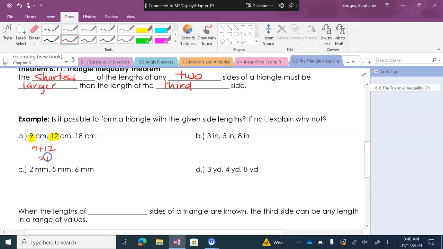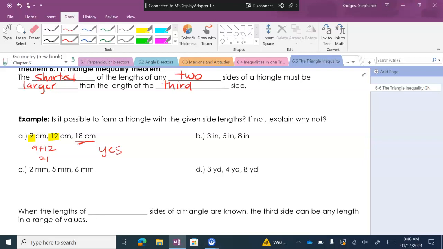That gives me 21, right? Okay. Is 21 larger than 18? So then, yes, those can form a triangle. Again, it can't be equal to. It has to be larger than in order to form a triangle.